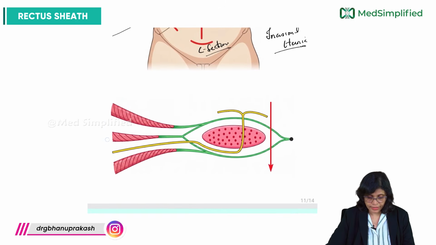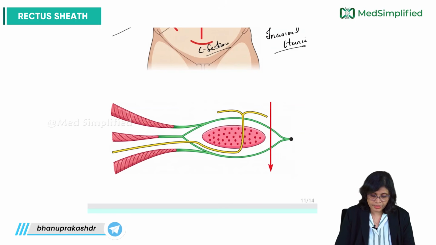So here we can see in this picture. When we give a paramedian incision here, we expose the anterior wall and retract. This is the rectus abdominis muscle. The rectus abdominis muscle is retracted, so its nerve supply and blood supply are not affected, and then we go down.